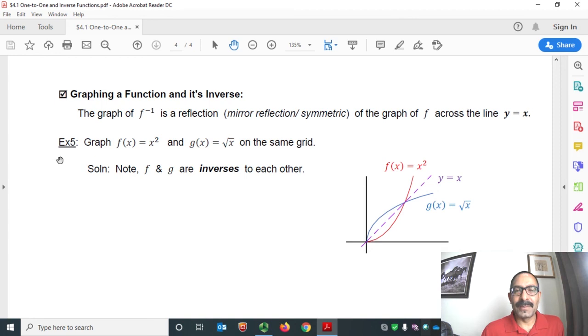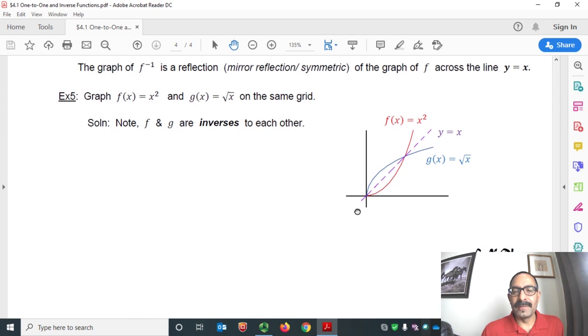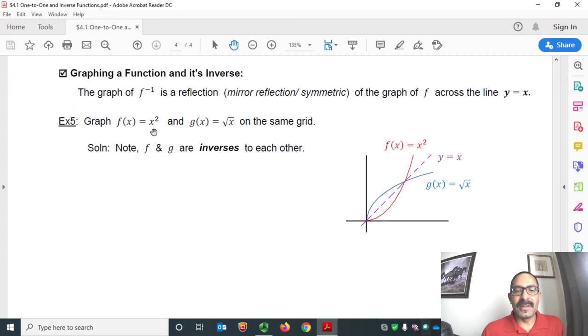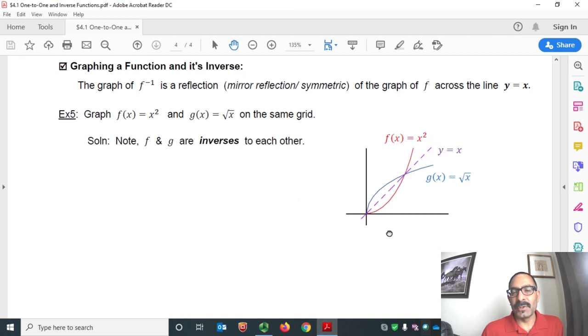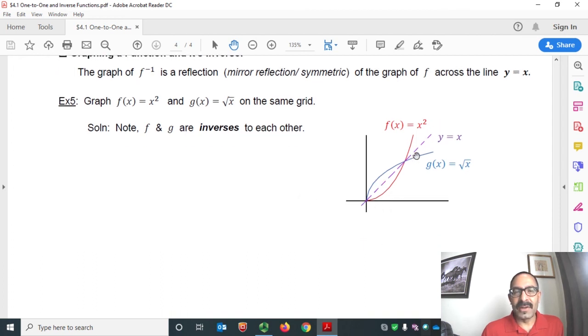Quick example, example 5. Graph these two functions f of x equals x squared and g of x equals radical x on the same grid. So now in the same plane here, we know these two functions f and g are inverses of each other. So that means the graphs of these two functions are just symmetric about the line y equals x. So this is the diagonal line y equals x. We know y equals x squared is this parabola, right?